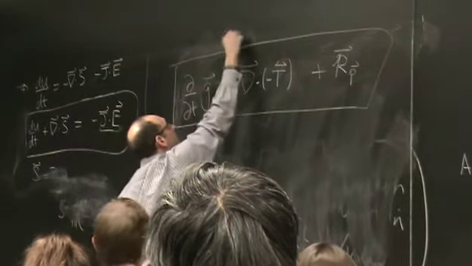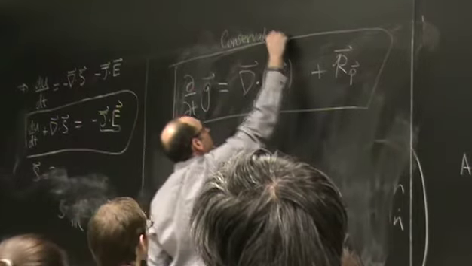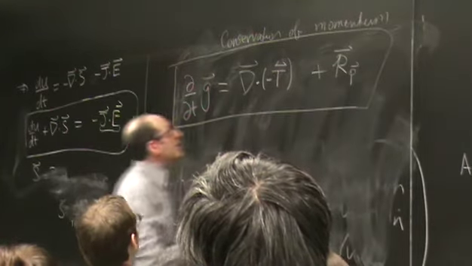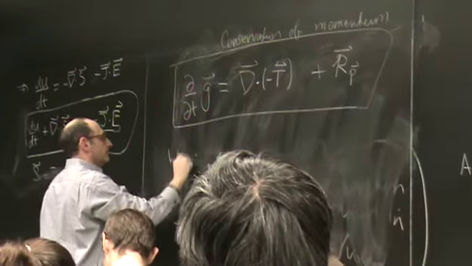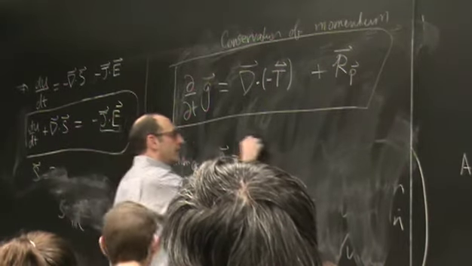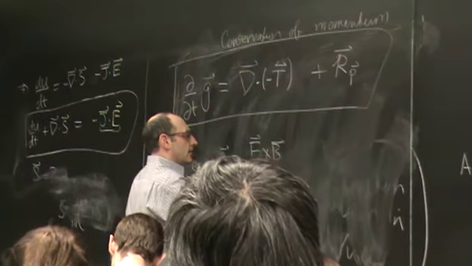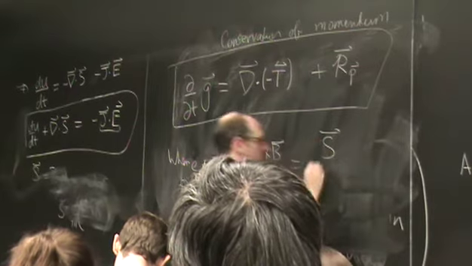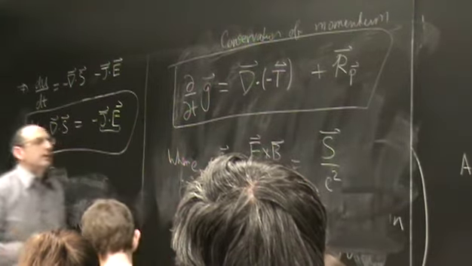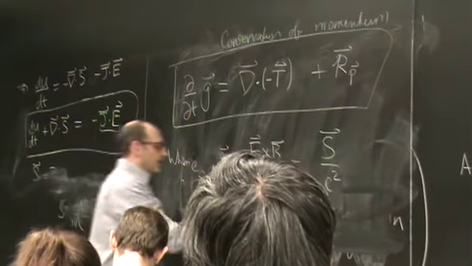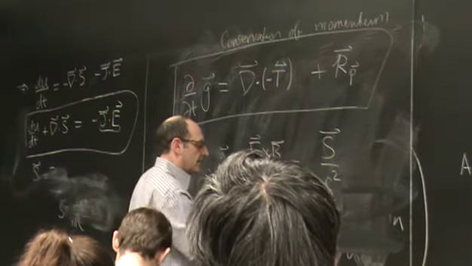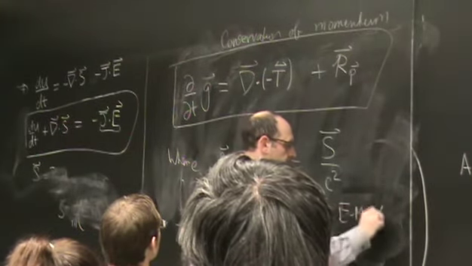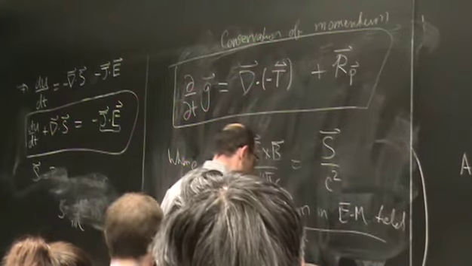This is the equation of conservation of momentum. Where G is equal to E cross B over 4 pi c, which is the Poynting vector divided by c squared. And G is the momentum in the electromagnetic field per unit volume.